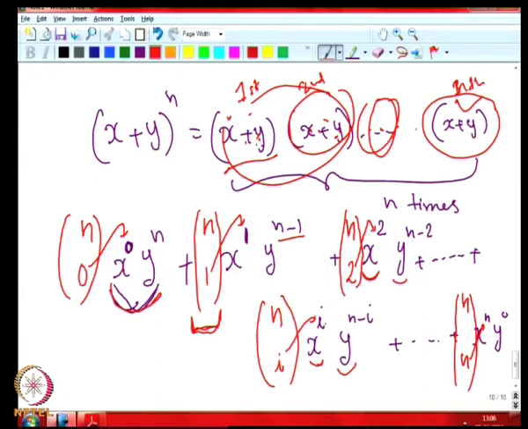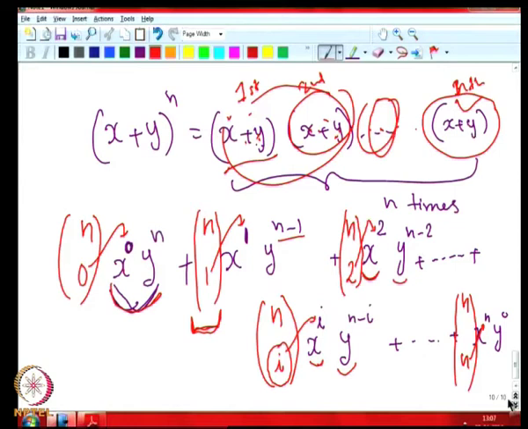That is why x raised to i always comes with y raised to n minus i. It is not possible that x raised to i comes with another power of y, because all the remaining terms have to contribute y. Then when we add up to see the coefficient, we have to see how many times that has occurred, which corresponds to how many ways we can take an i-element set out of an n-element set. That is the point.